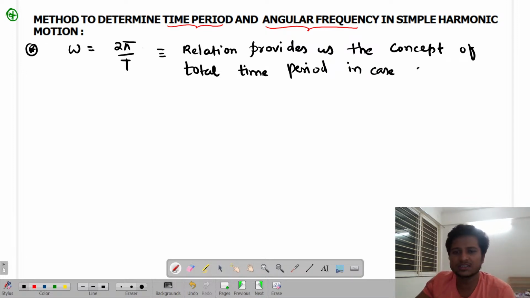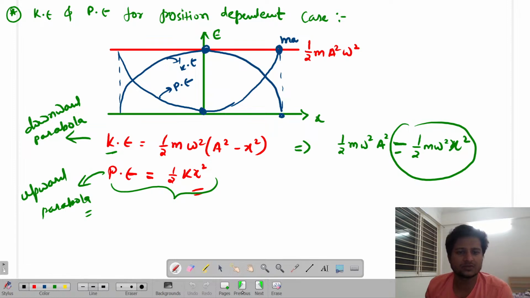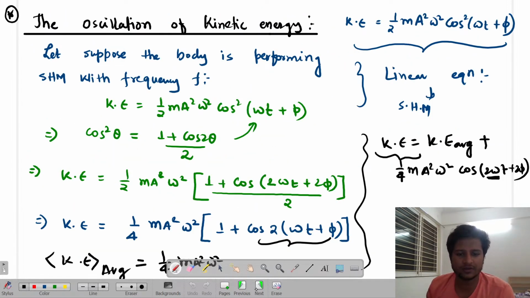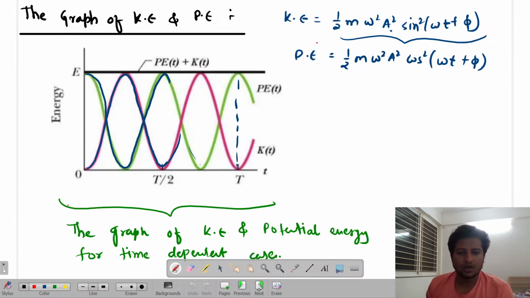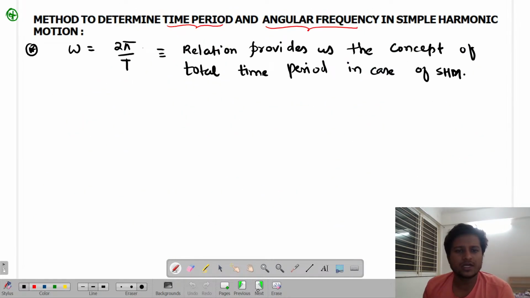Now the question arises: how to do this calculation, how to find this total time period? Now, as we know that we have found out the energy equations, we got to know how to find the energy and all these kinds of equations, isn't it? Now, the time period is calculated in two ways. On how many ways? Two ways.